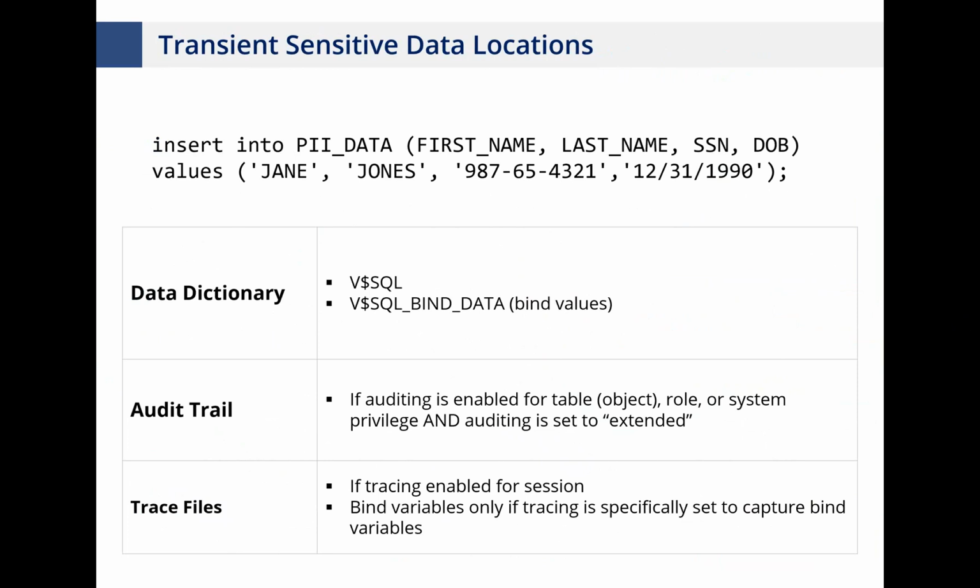And in the Oracle database, I have to have extended. If I have extended auditing turned on, then I'm capturing the full SQL statement. So I would capture the SQL statement in the Oracle database, in the AUD$ table or the unified auditing table, if I've extended database auditing turned on.